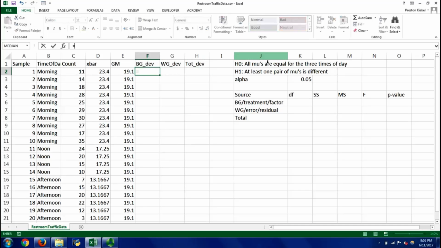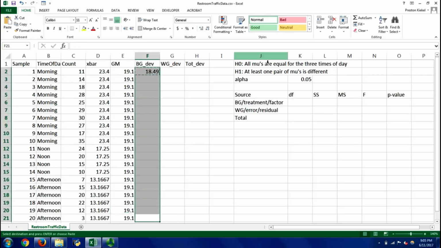All right, between groups deviation, open parenthesis, that would be each x bar minus the grand mean. So that is the deviation of each sample mean from the overall grand mean, which we square, of course. And we do that for everybody.